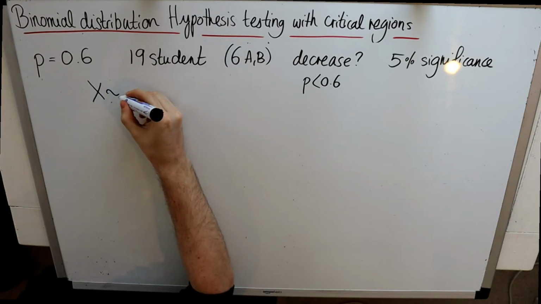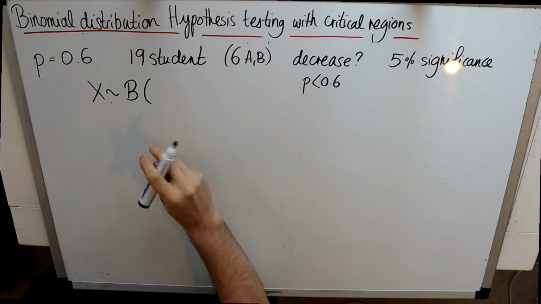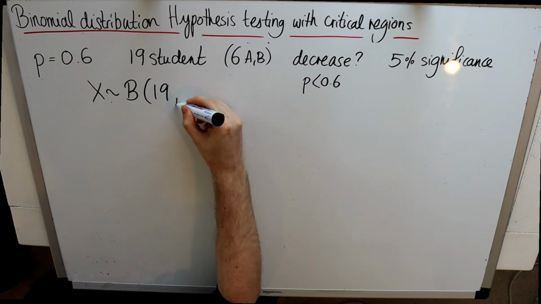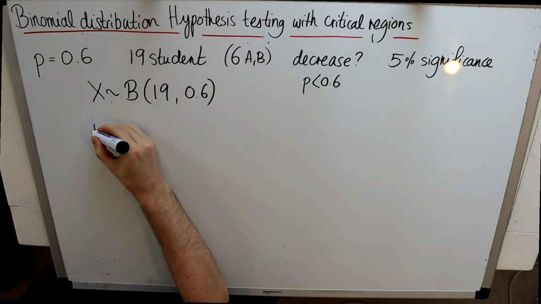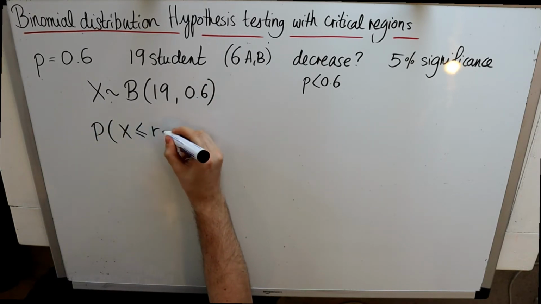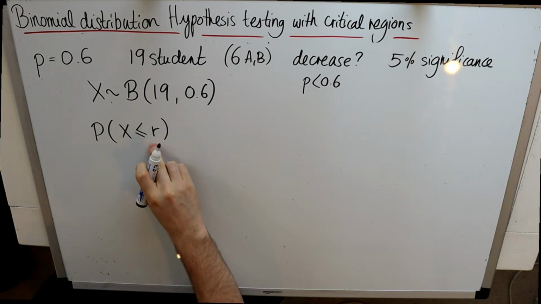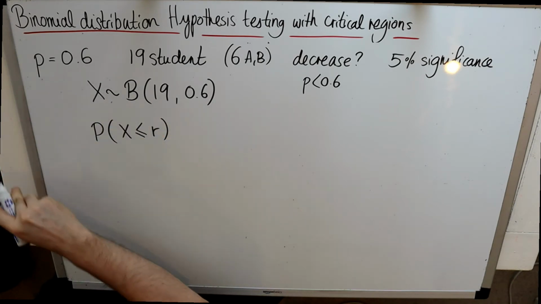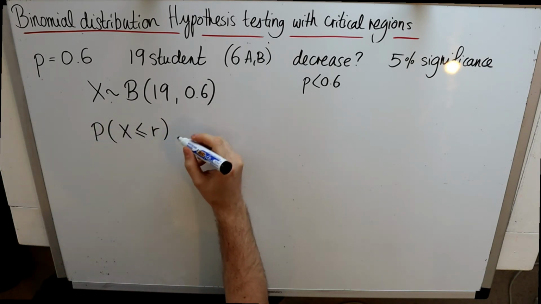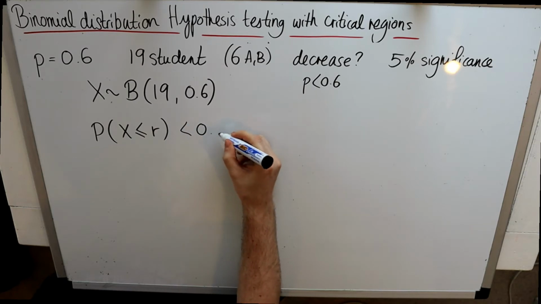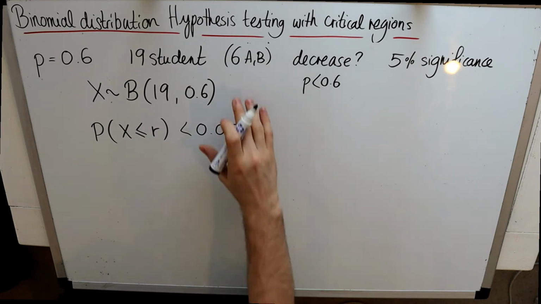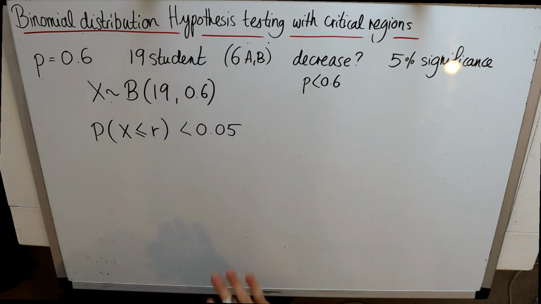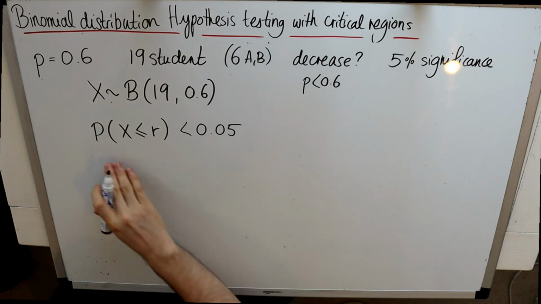So if X can be modeled by the binomial distribution with 19 trials and probability 0.6, what I'm looking at is what is the number, and we're going to call it R for region, from which the probability of getting that number of students or less, essentially where does that start going under 0.05. But here what I'm trying to figure out is, in general, even if I didn't know 6, at what point would I start worrying? So I'm going to solve this.